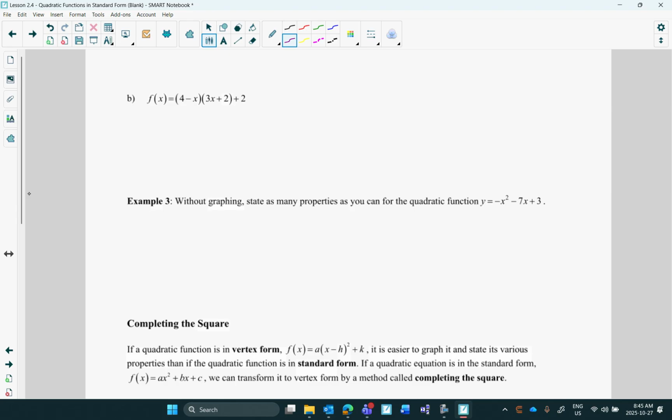This one is not really in any form right now. It's not in vertex form, but it's not in standard form. So you should recognize to multiply it out and then simplify everything you can to make it look like something x squared, something x, and a number.